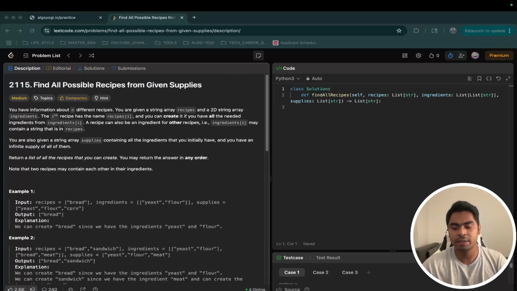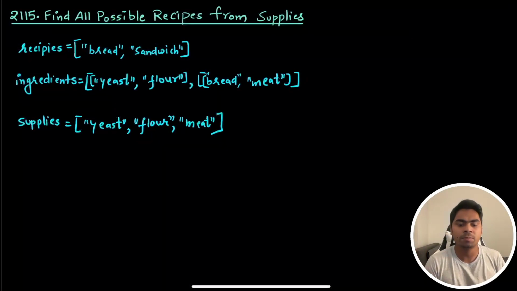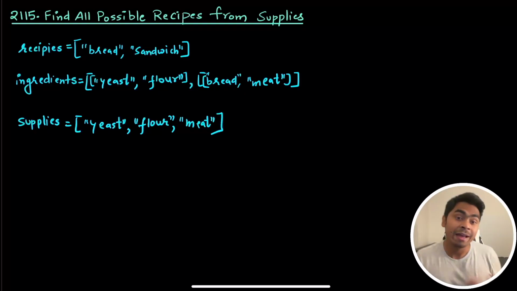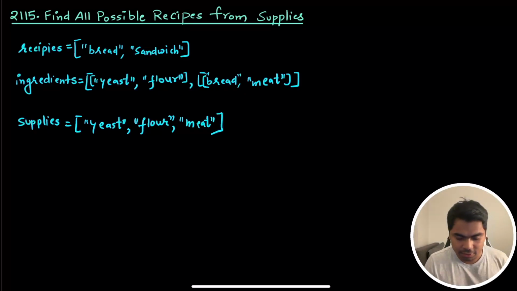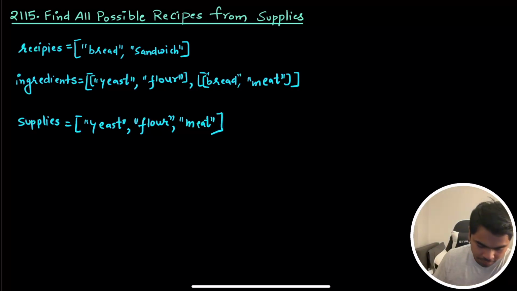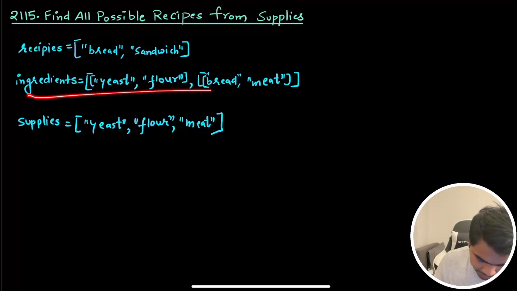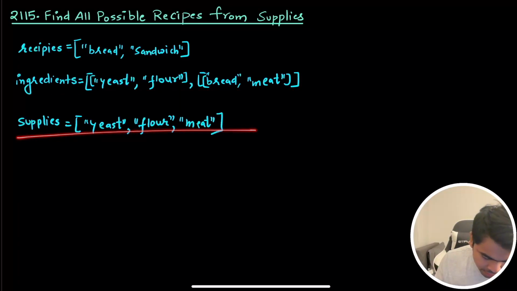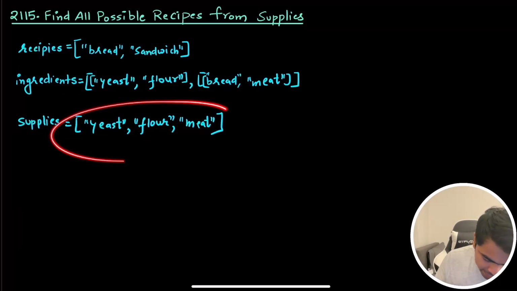So let's get into an example to understand this problem and also how to approach it. And I already said it, it definitely falls into the pattern of Course Schedule problems. All right, so we are given recipes, ingredients, and supplies. Based on these supplies, we have to create an answer.